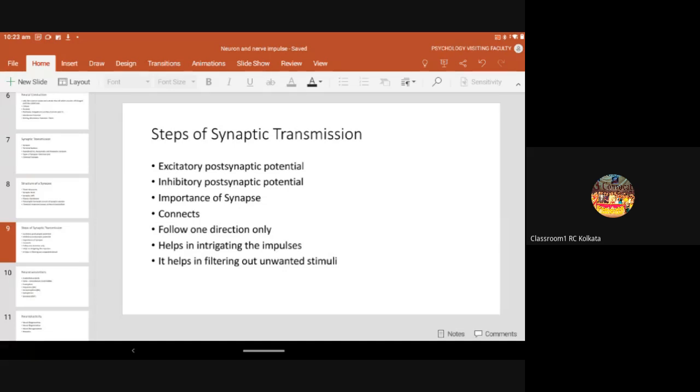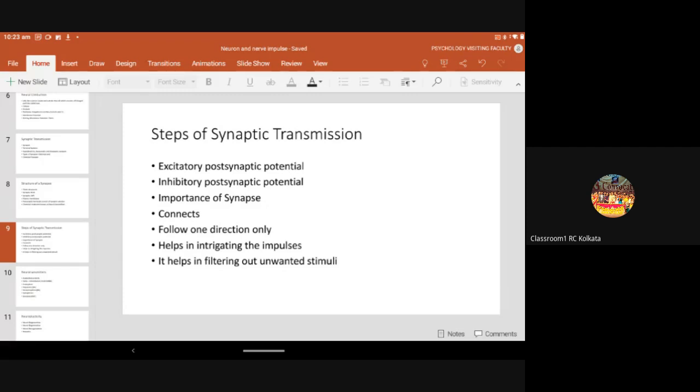That is, it helps to connect the neurons together via synapses, and hence send information that mediates the behavioral responses. And number two, the synapse makes sure that impulses traveling across neurons should follow one direction only, that I told you.